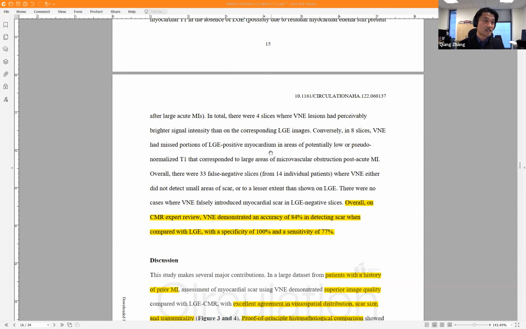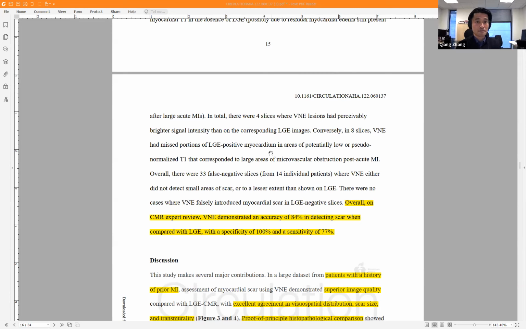We need to keep in mind that the VE LGE slice is not in the exact same position, and sometimes in the same patient, VE did not pick up the infarct scar in one slice, but it can be picked up in another slice. And of course, this is pending future work: as I've mentioned, we plan to train on an even larger data set to address better detection of especially those small subendocardial infarctions, and this is pending future work.